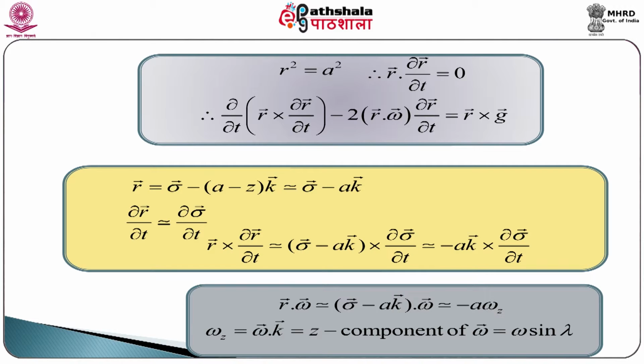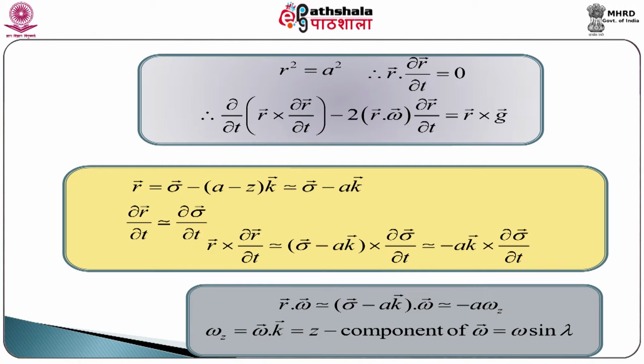We have mentioned that the motion takes place horizontally, so we can neglect the motion in z direction. Neglecting motion in z direction, we can approximate r vector as sigma vector minus a into k vector. Therefore, del del t of r vector is approximately equal to del del t of sigma vector.